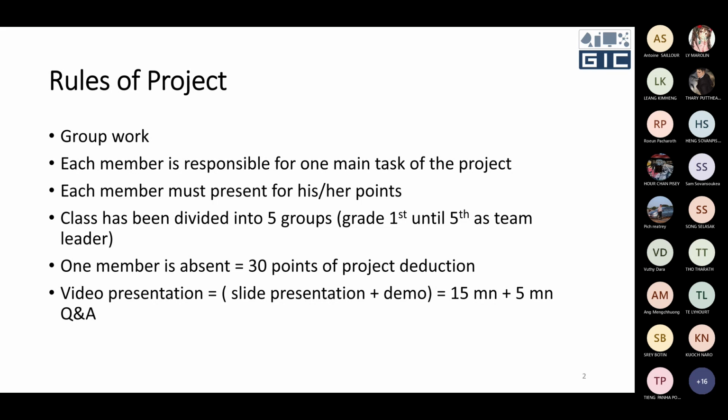For example, number 1, number 2, number 3, number 5, you each represent one team. So you have to find your members and members have to find your team. You will decide to have only 5 groups among everyone here.